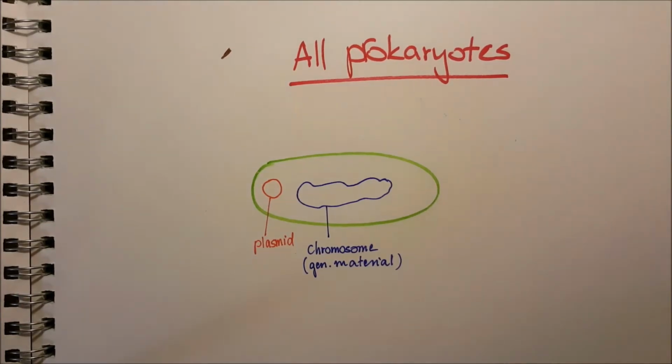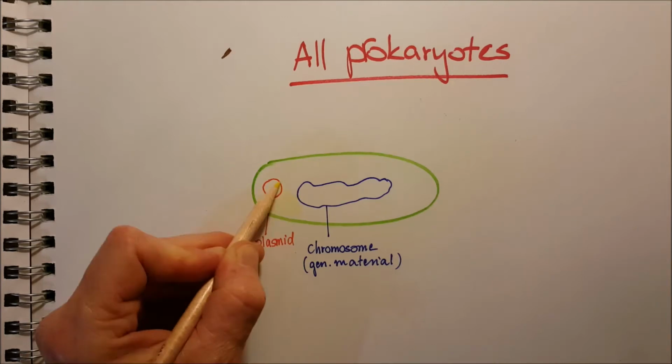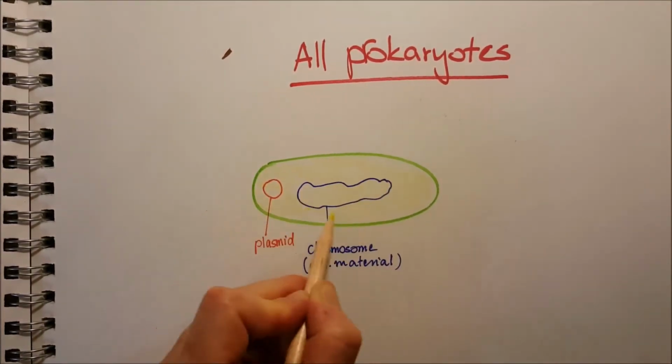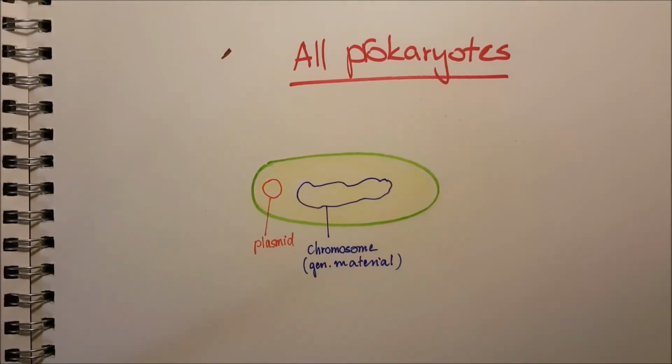Besides that, it might contain a plasmid, not necessarily all of them, but some of them can contain a plasmid that replicates independently of the chromosome.